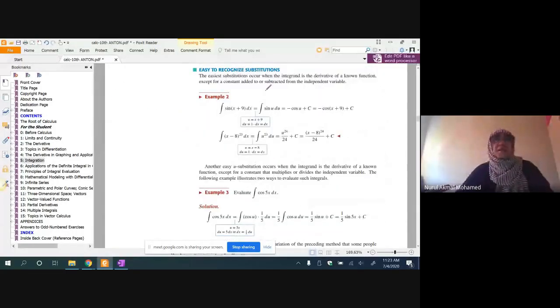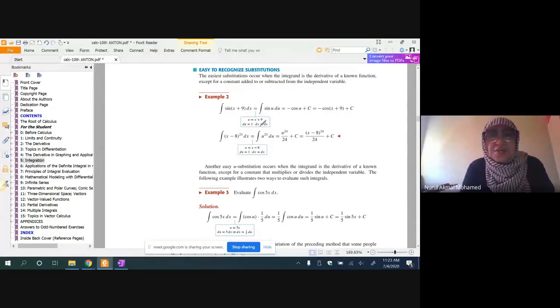Okay, then example 2, sine of x plus 9 dx. So u here is x plus 9. And then you replace u as x plus 9, and your du will be, you differentiate u with respect to x, you will get dx.